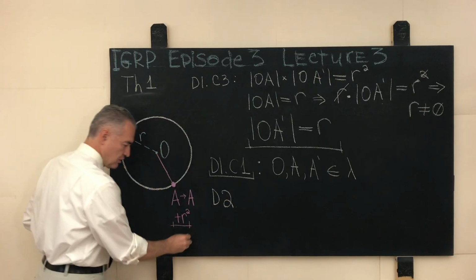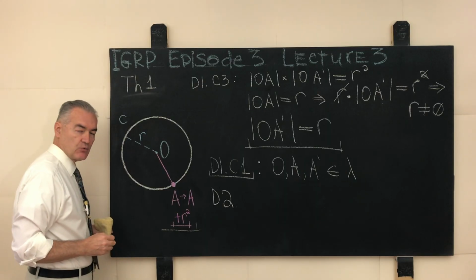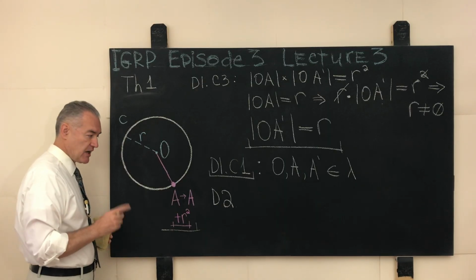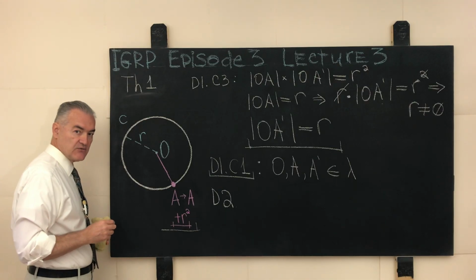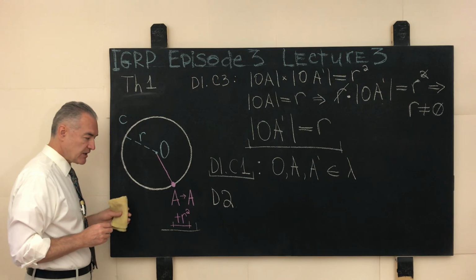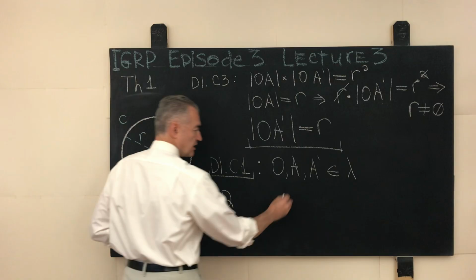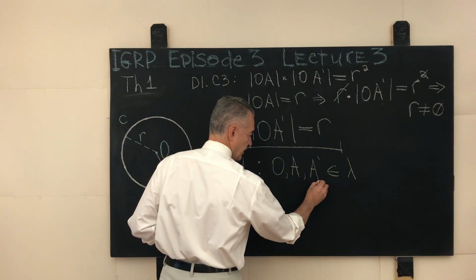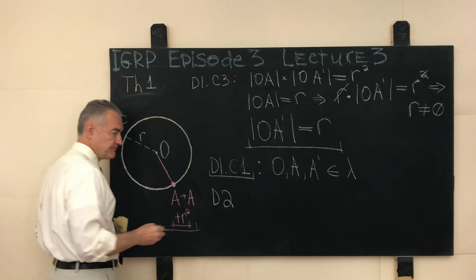And now, lastly, we go back to our definition 2. Definition 2, we defined the inversion of the plane with respect to a circle with positive power. And according to that definition, if the inversion of the plane with respect to a circle is with positive power, then the pre-image point A and the image point A prime are located on the same side.